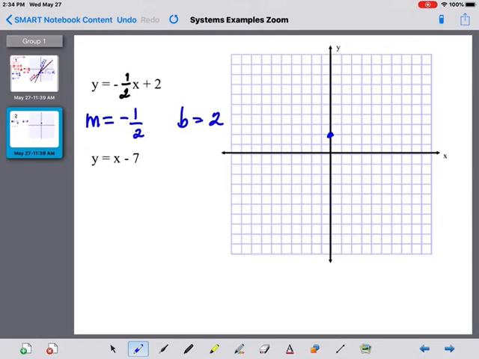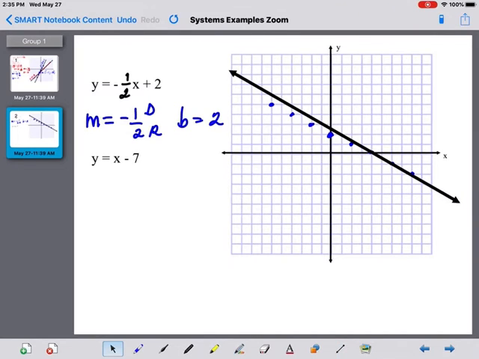From there, my slope is a negative 1/2. So I'm going to go down 1 and to the right 2. And I'm going to do that a couple of times. Then we're going to go back to my y-intercept and go up 1 graph line and to the left 2. I'm going to graph my line.